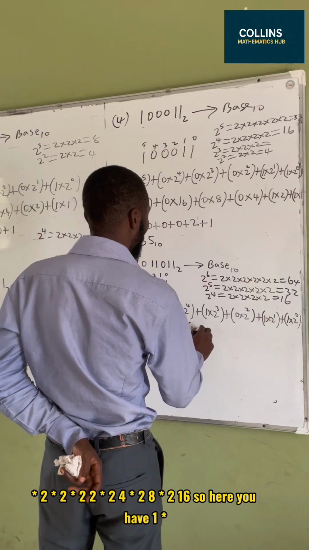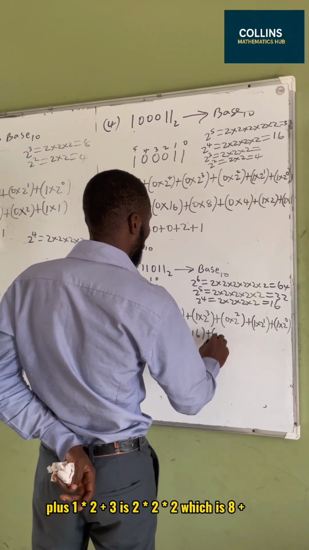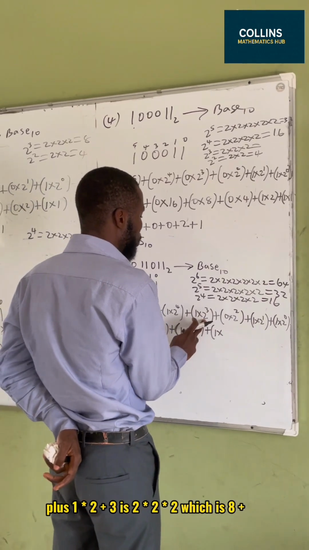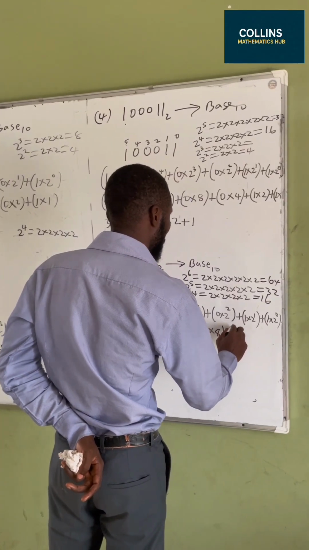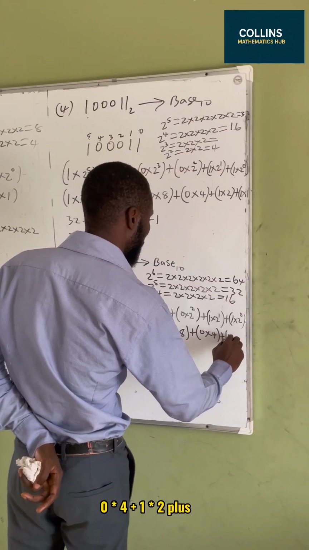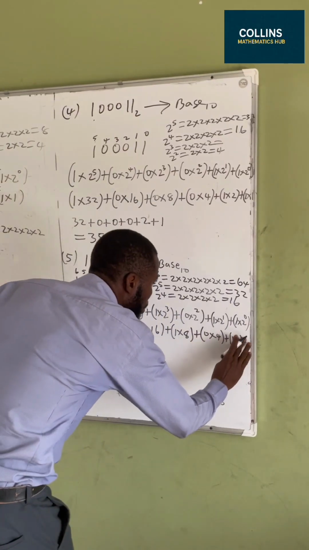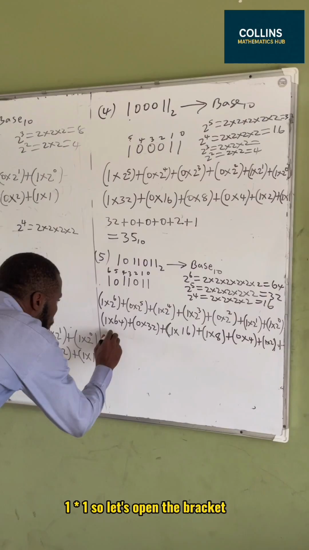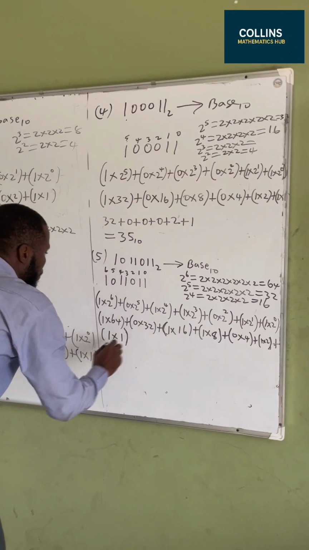So here you have 1 times 16, plus 1 times 2 raised to power 3, which is 2 times 2 times 2, which is 8, plus 0 times 4, plus 1 times 2, plus 1 times 1.